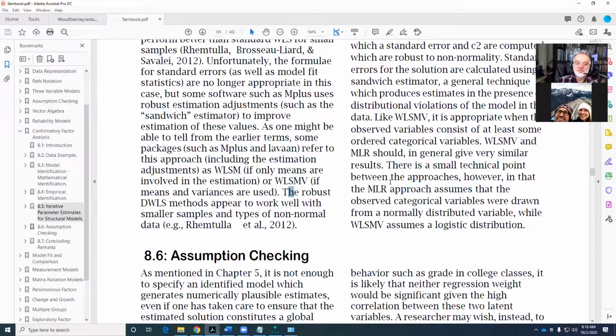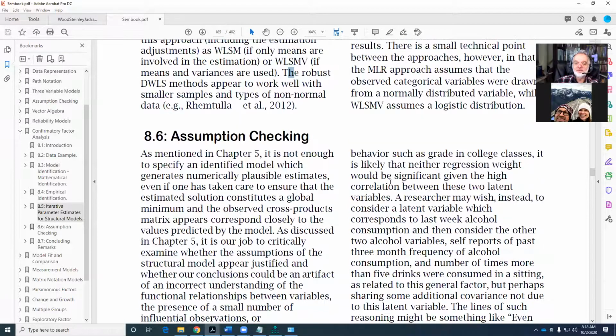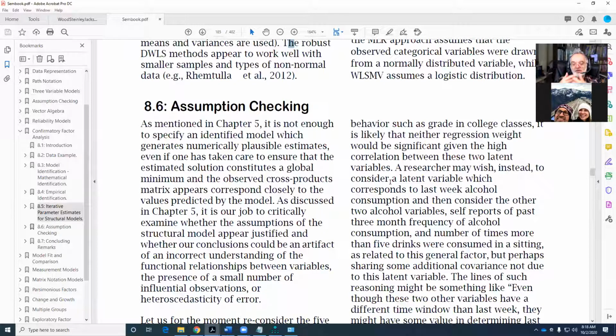So let's wrap up the chapter and say, well, even though we've done all of this work of fitting a model, it's always good to go back and look at the assumptions of the data. And I thought it's good to model that with the example in the chapter.